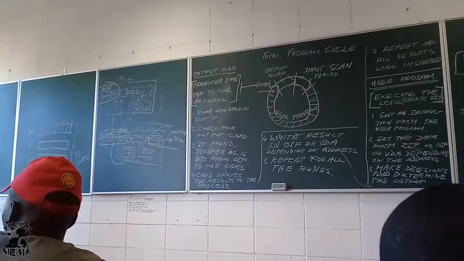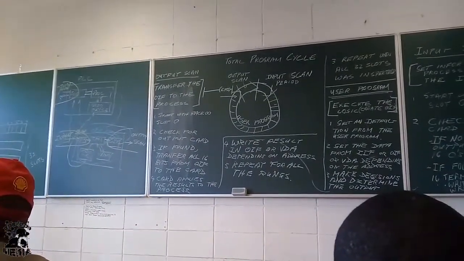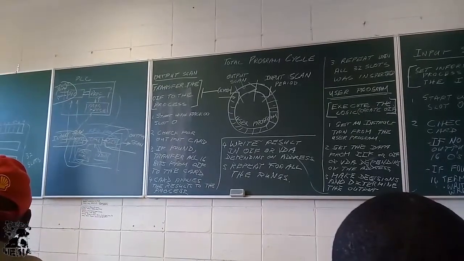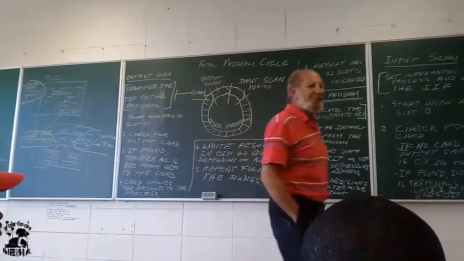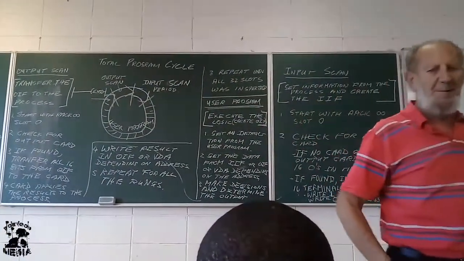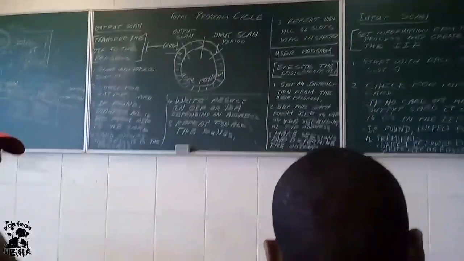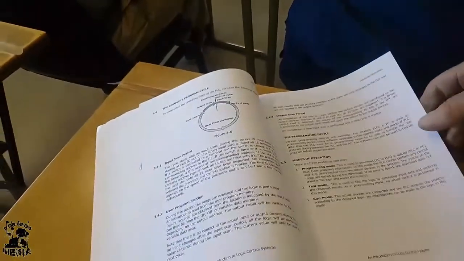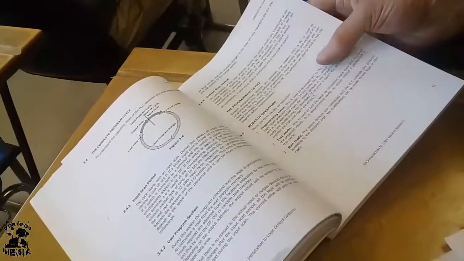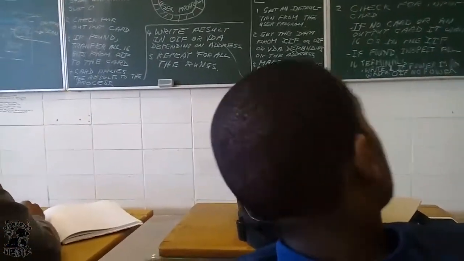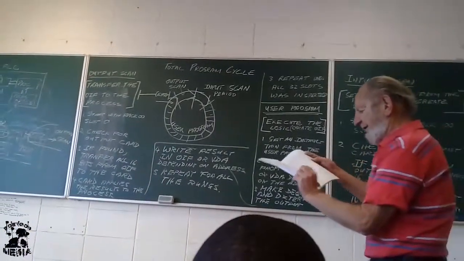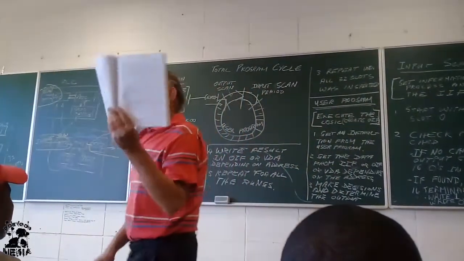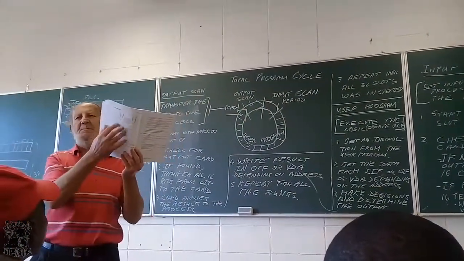This is the end of chapter 3. And I just want to draw your attention to a sketch in the book. Oh no, there's one more thing that we've got to look at. One more thing, and that's modes of operation. But in the book, on page 52, you find this sketch.